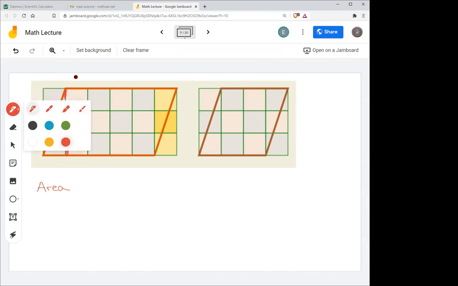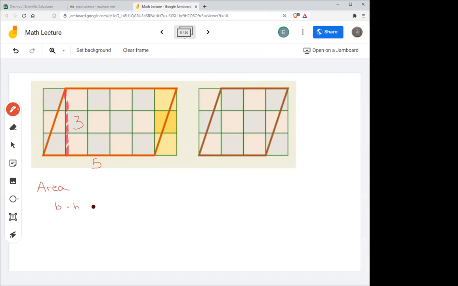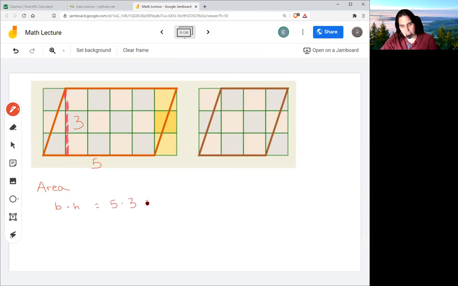And 5 for the base? Yes, good eyes. It's common to say 6 and include this little bit, but no, that's not part of the base. So what's my area going to be? 15? Yeah, base times height. 5 times 3, which is 15.